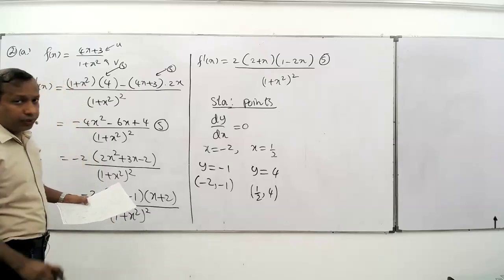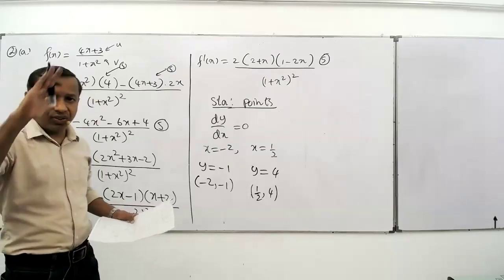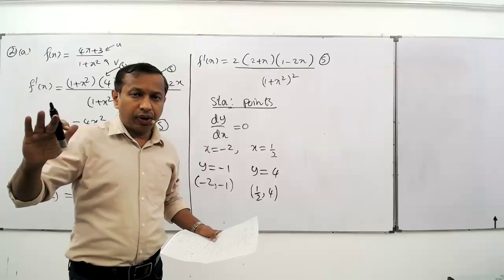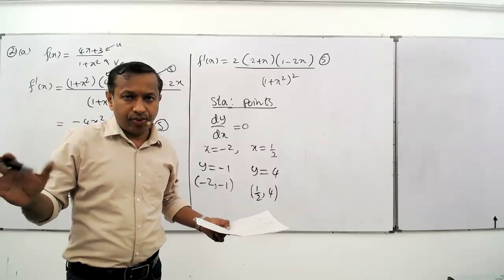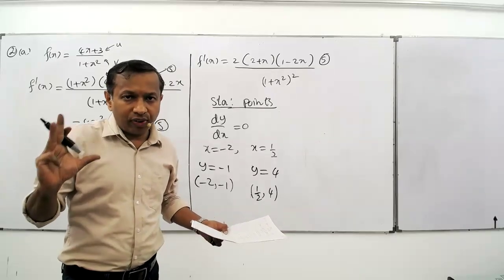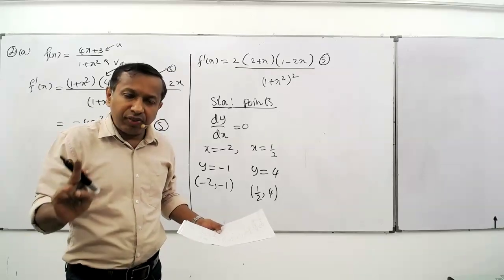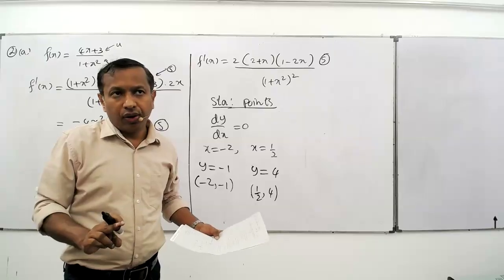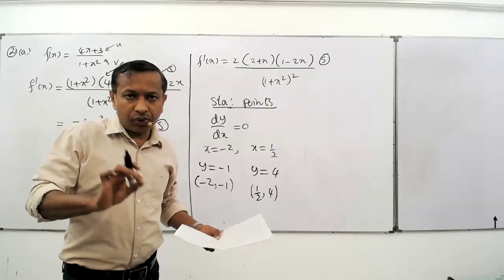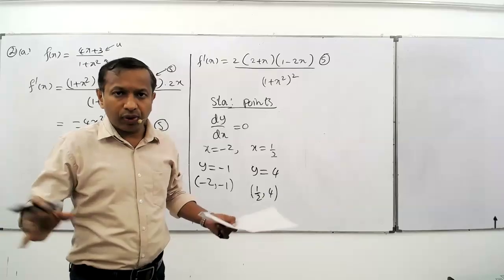However, I told you, now the question is asking only to show the stationary points and to sketch the graph. There, remember, we are not going to find vertical asymptotes and points of inflection. But remember, we have to find the horizontal asymptotes. What are the horizontal asymptotes? As x goes to plus infinity and minus infinity, what happens to y?